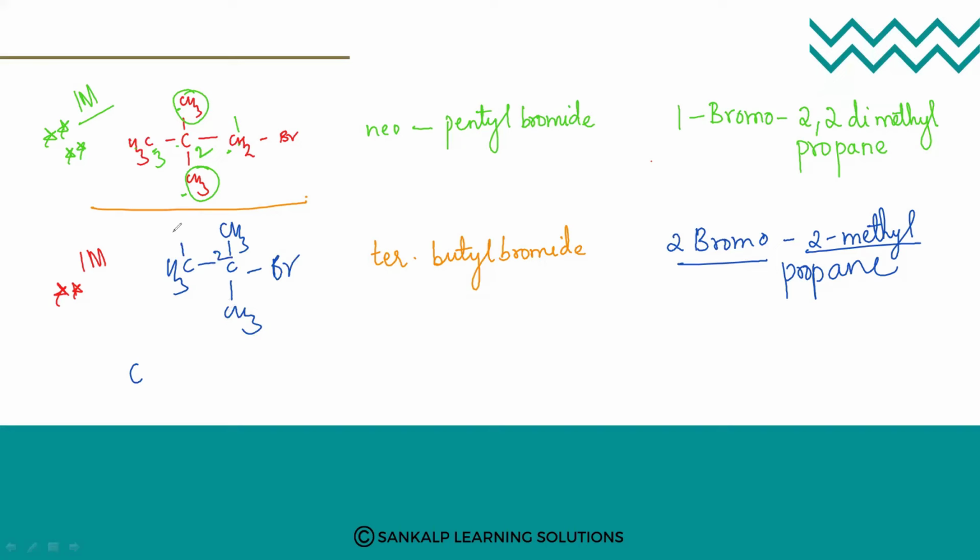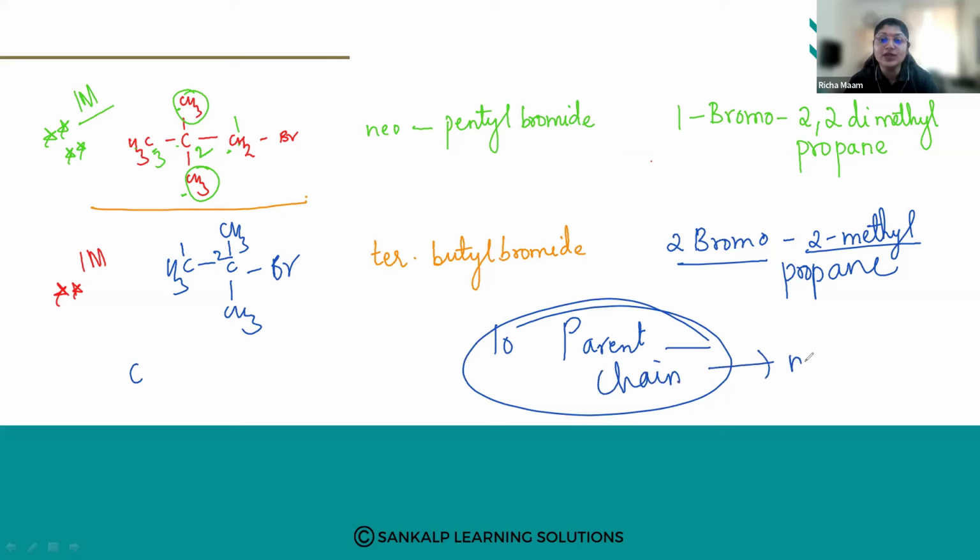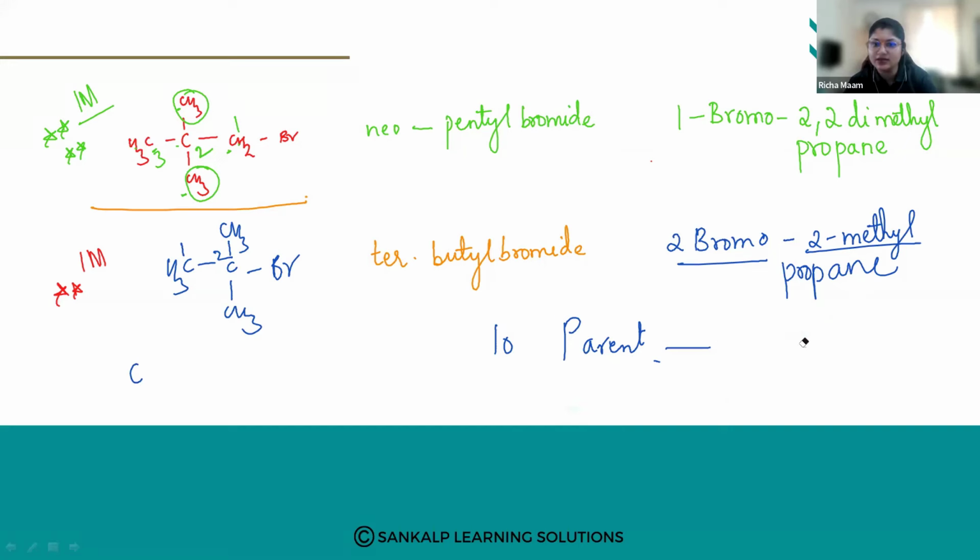Yes, ma'am. Right. Whenever I'm taking the parent chain, I have to see that maximum carbon atoms are covered in the parent chain. So the parent chain should be the longest chain. We say the longest carbon chain, right? So for nomenclature, again, please open your first year books and study the nomenclature properly.